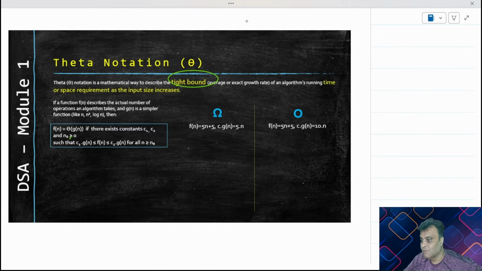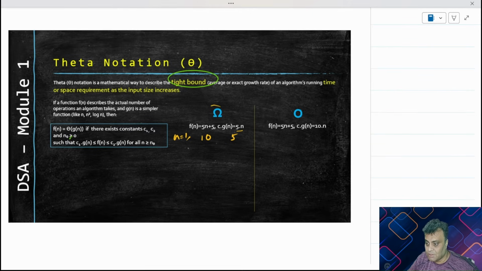Now just see this. What is happening here? 5n plus 5, 5n. Let's take n equal to 1. If we take n equal to 1, 5n plus 5 is 10. And this 5n becomes 5. So what have we achieved?